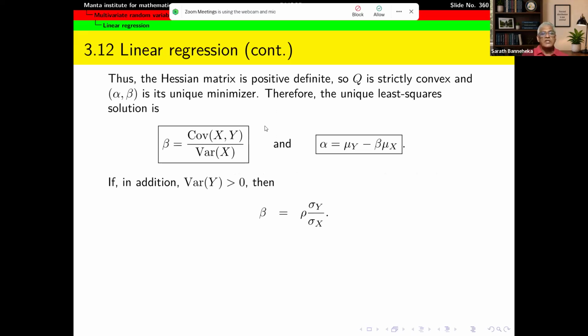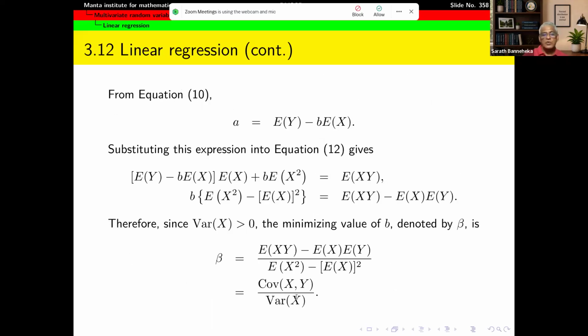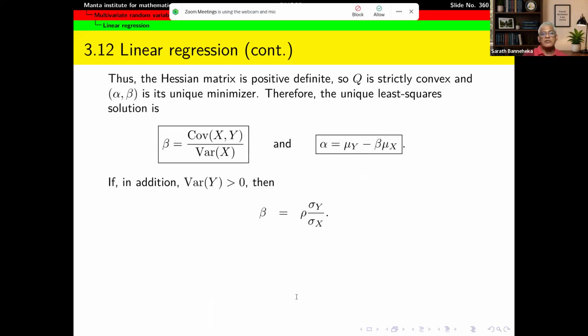Now, if in addition variance of y is also greater than 0, that means variance of y is not equal to 0, then beta can be written as rho times sigma y divided by sigma x.